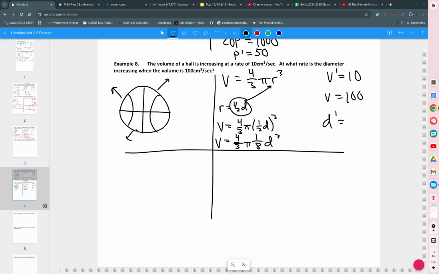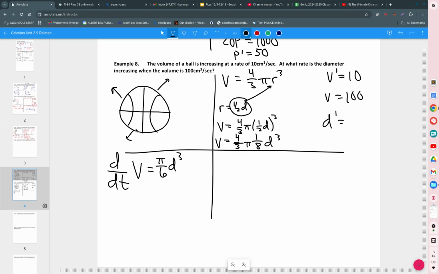Right. D cubed. So I have volume is equal to, let's see, 4/8 becomes 1/2, right? So I'll have a 6 in the bottom. So pi over 6 D cubed. There's my new formula for volume when we are referring to the diameter.